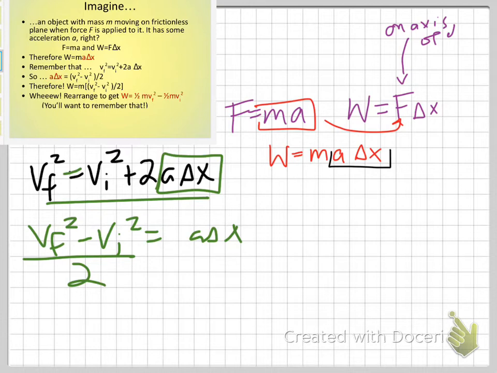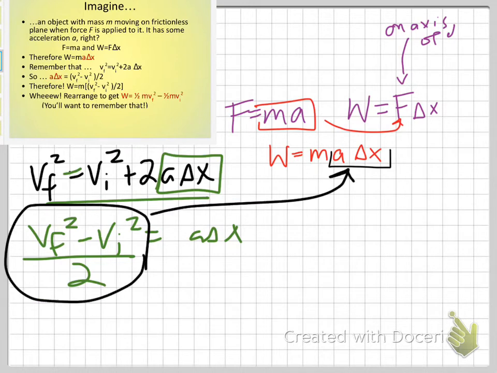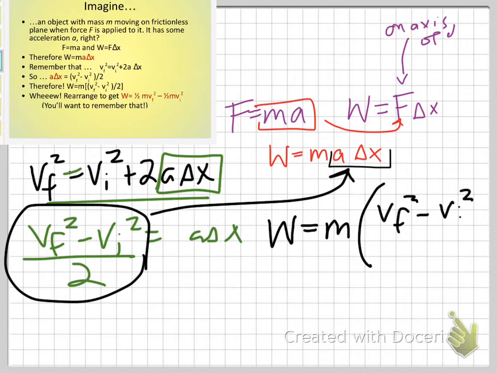So now, looky here. Oh, how cool is that? We have this that we can plug in there. So work equals mass times Vf squared minus Vi squared divided by 2.